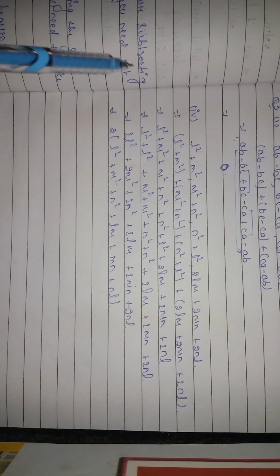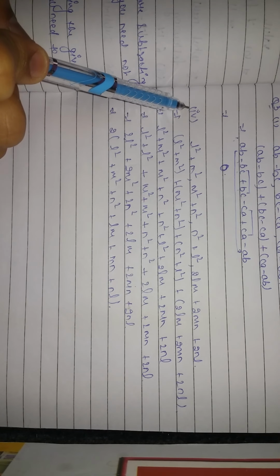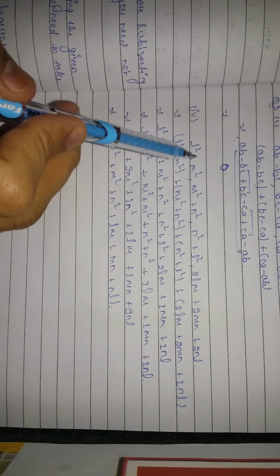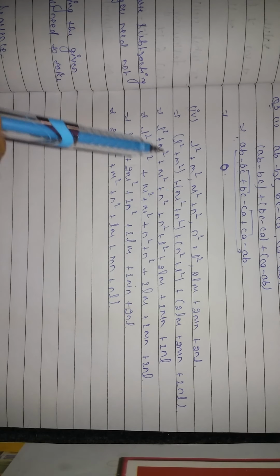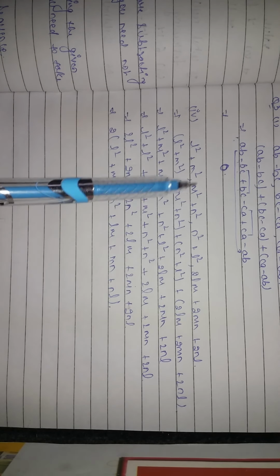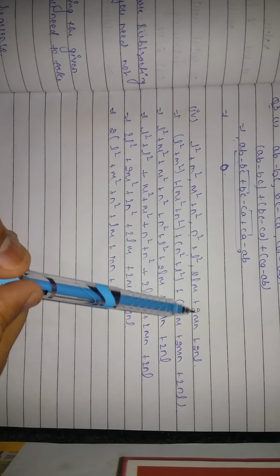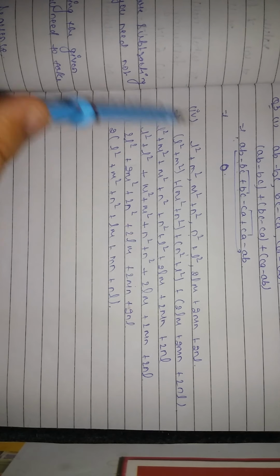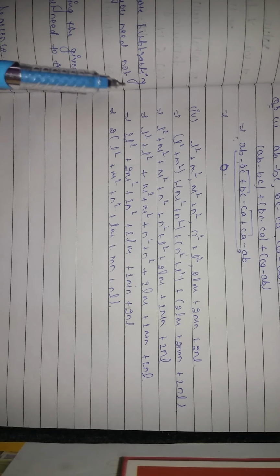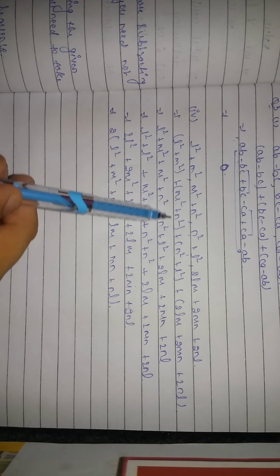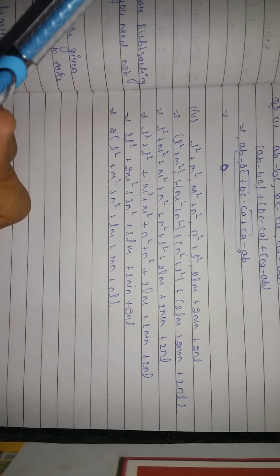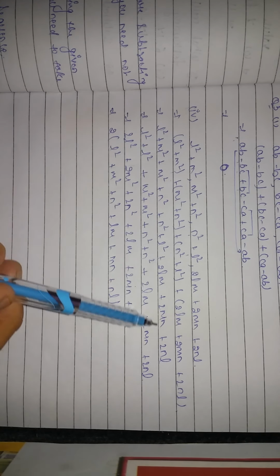Moving ahead, one more part I have done of question number 3, that is your fourth part. L square plus m square is your one expression, m square plus n square is another expression, n square plus l square again your expression, and 2lm plus 2mn plus 2nl is your fourth expression. So again, after removing the commas, you will be using the bracket. So I did this, then the brackets have been opened, so again I got this.